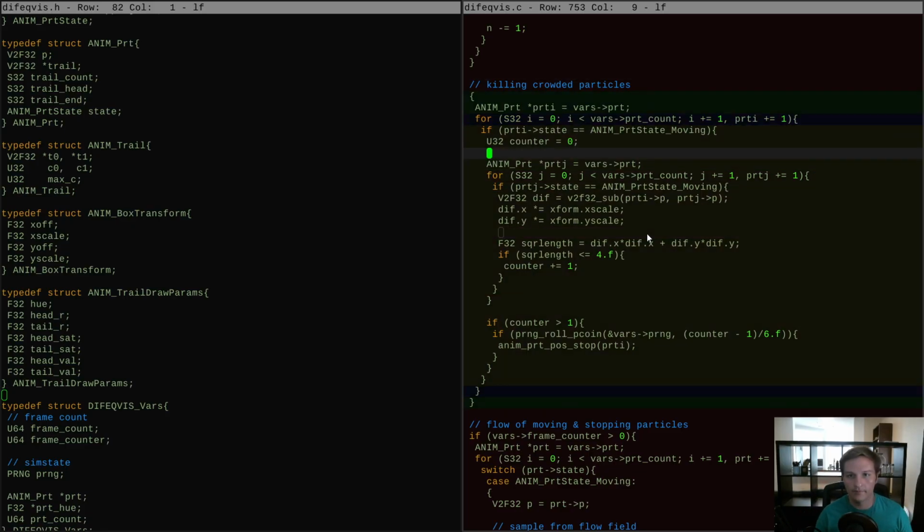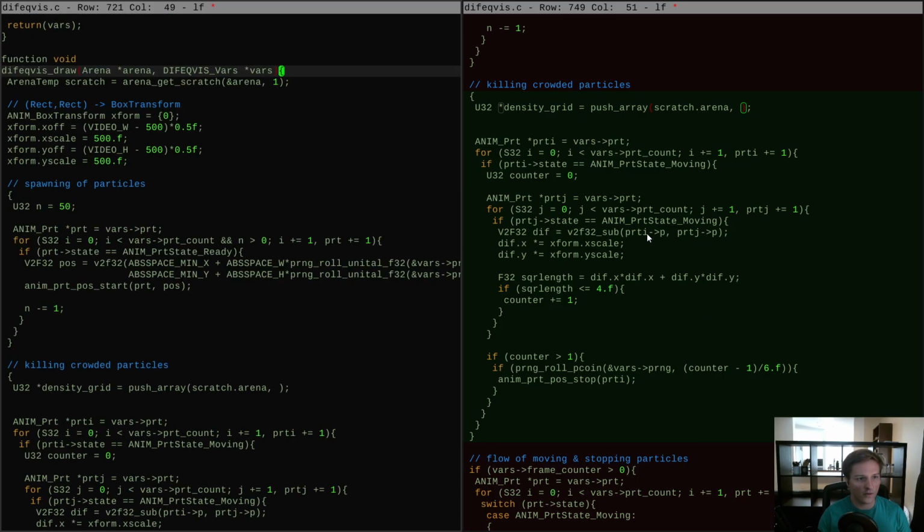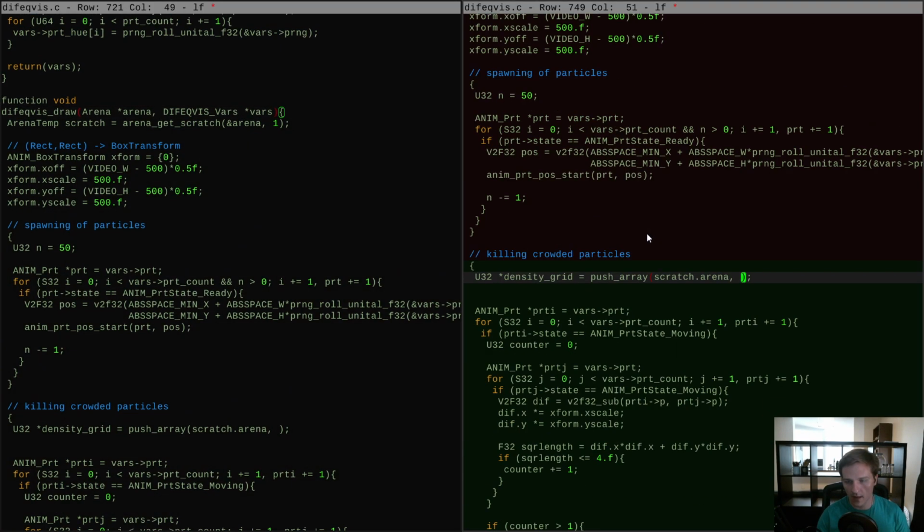So let's try this. We want a density grid, which will be based on, we're going to need a scratch arena. Do we have a scratch arena in this scope already? We do. Perfect.